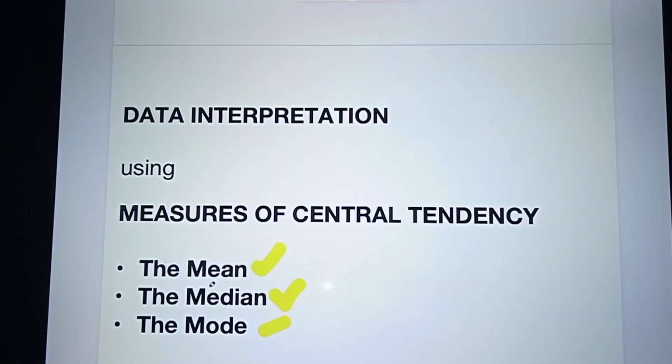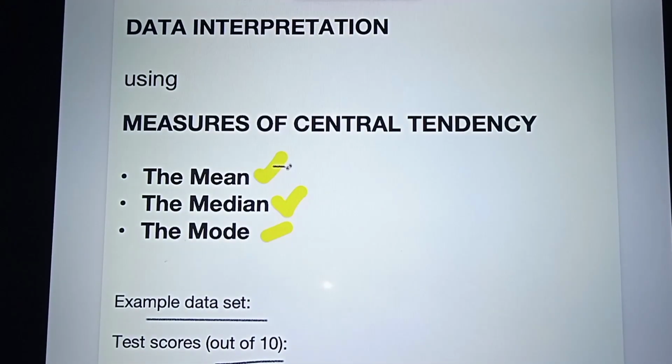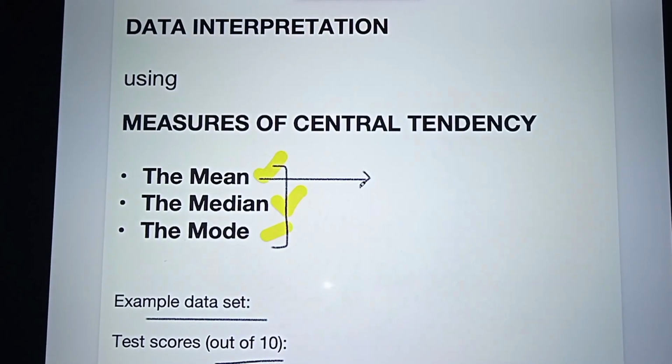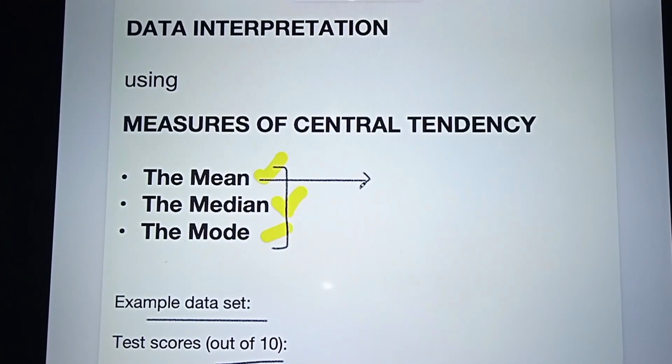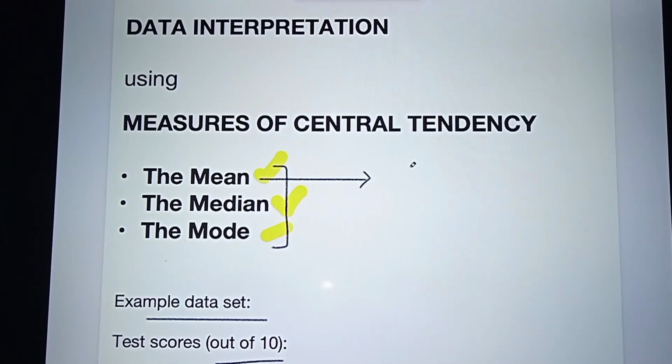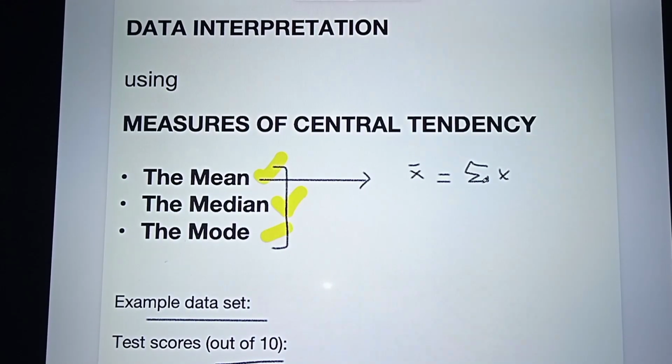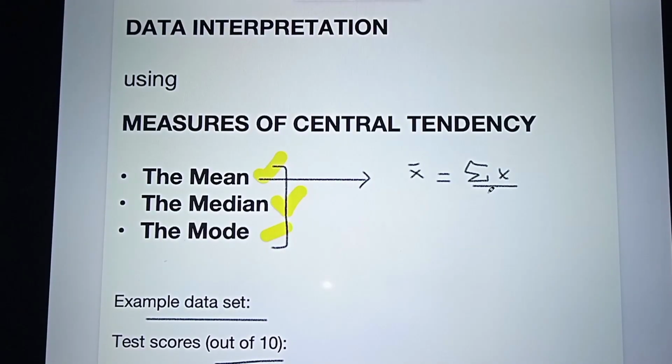But in all these three measures, mean is the best to use. Why? Because it is mathematically powerful because of its formula, that is x bar is equal to summation x divided by n.